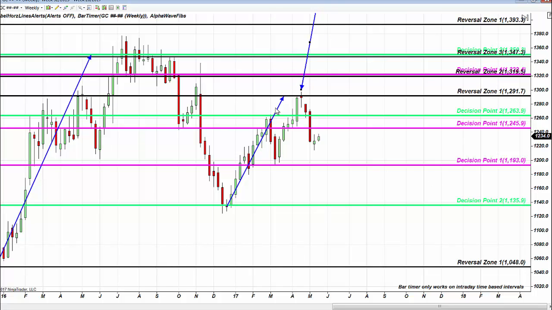A hedge fund trader who is in the course has been investing in gold from this crucial Fibonacci support since last December. No surprise where price had struggled first and found a very crucial reminder.